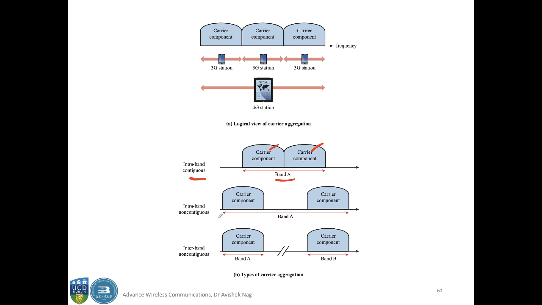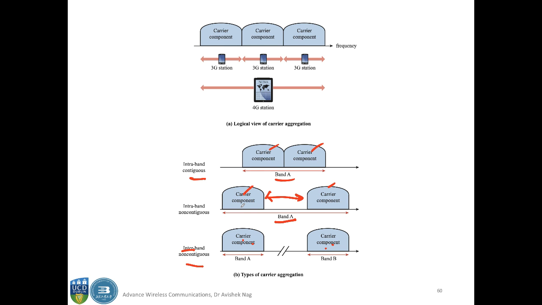You can have intra-band non-contiguous, so there is a gap between the 2 carriers, but still these component carriers are within band A. And you can also have interband non-contiguous. So the component carriers belong to 2 different bands, and they are also non-contiguous in nature.